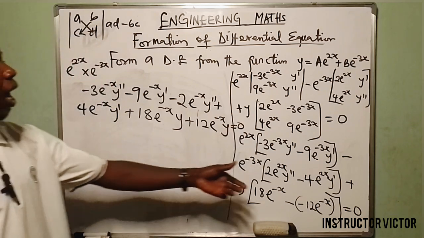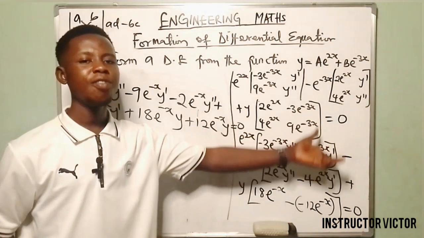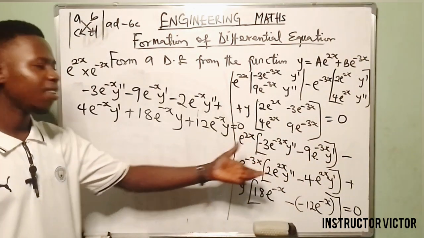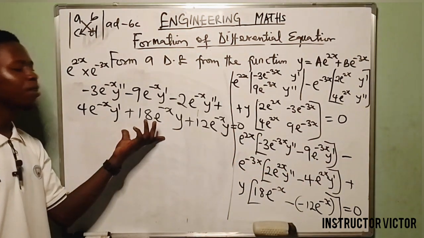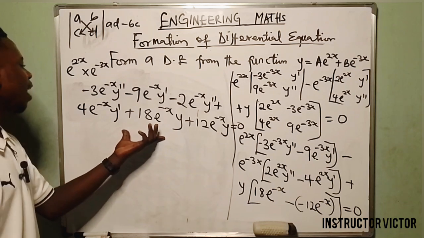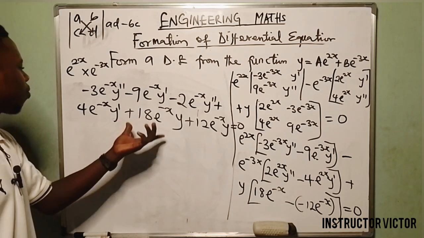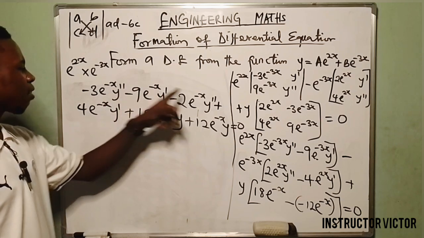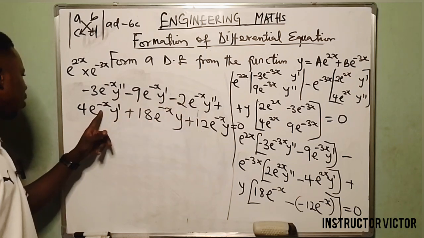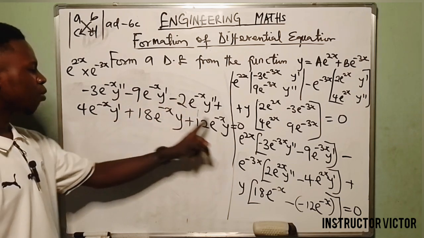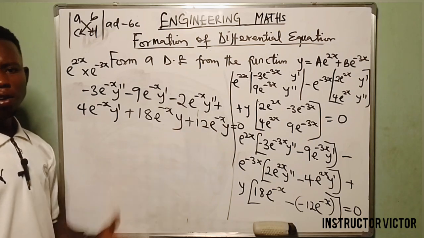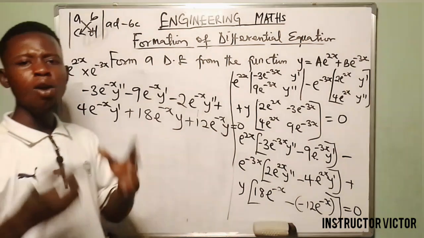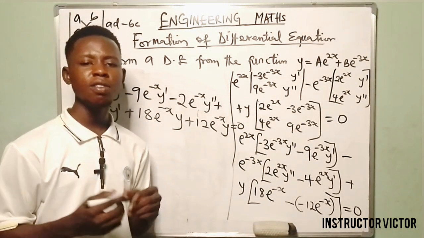So you have seen how I was able to modify and simplify all these things, and I have reached this particular point. Now class, let us observe one thing. We have exponential minus x here, exponential minus x, exponential minus x, and exponential minus x. What does that tell you? That tells you that you are going to factor out exponential minus x.